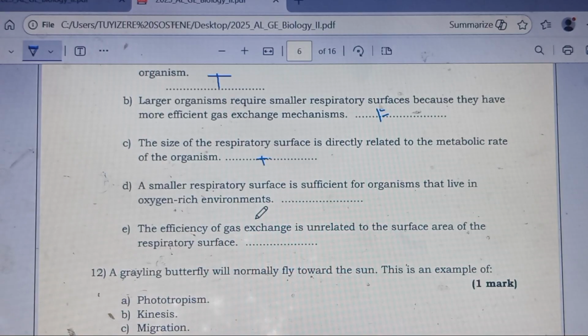Here it is false. E. The efficiency of gas exchange is unrelated to the surface area of the respiratory surface. Here it is also false.